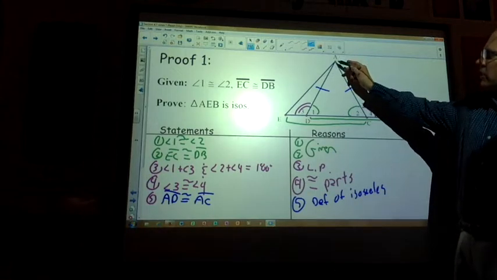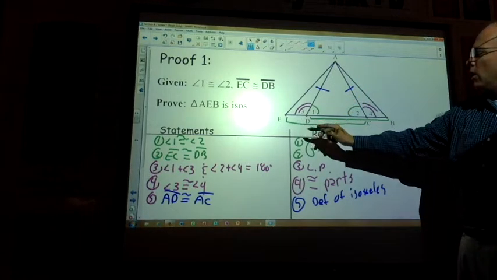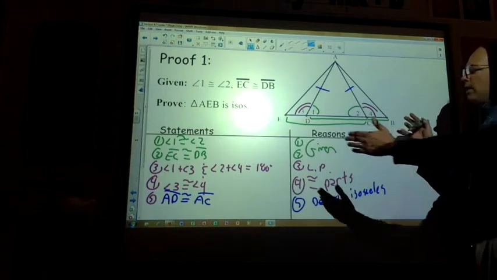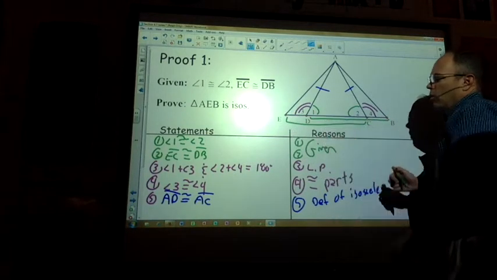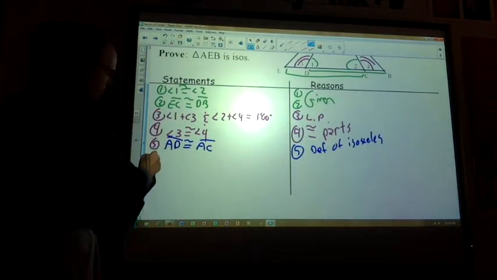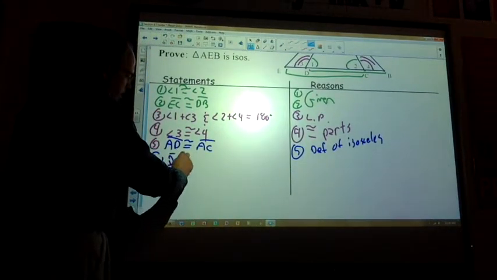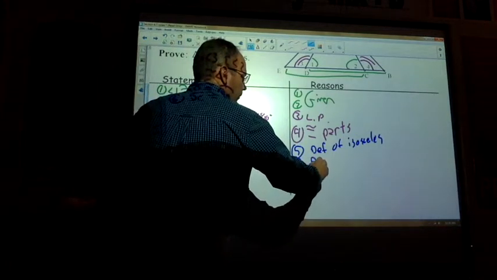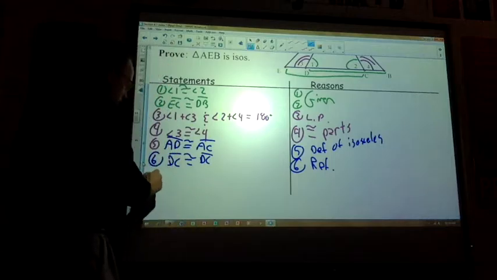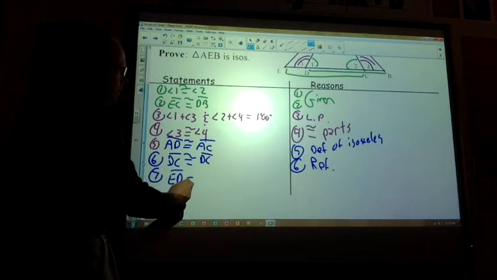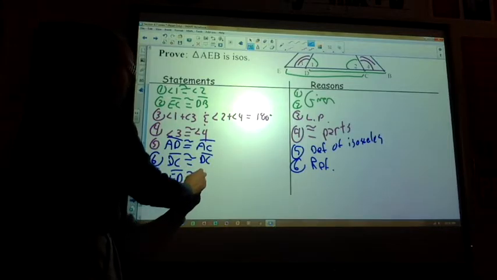So that's going to lead us along to side and angle. And I think we do know that this whole thing, reflexive's got to be in there. For 6, DC is congruent to itself. That's reflexive. And then we could state that ED is congruent to CB.